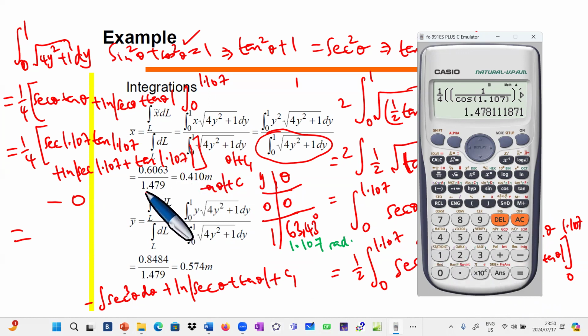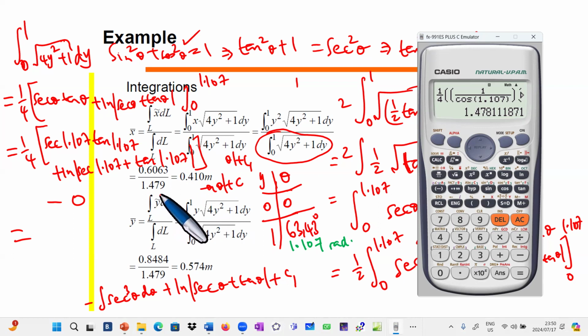So we're getting 1 point, because we're doing the one denominator. The integral from 0 to 1 of the square root of 4y squared plus 1 dy. And the denominator, we can see that it is 1.479. Obviously, because we rounded off the limit of integration, the 1.107 we would have obtained doesn't really matter.